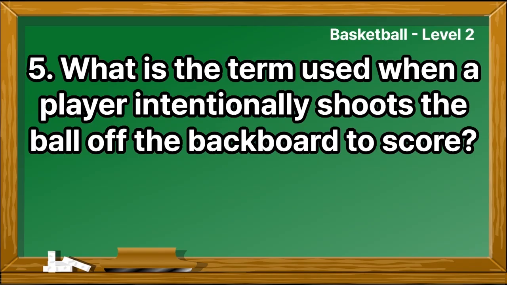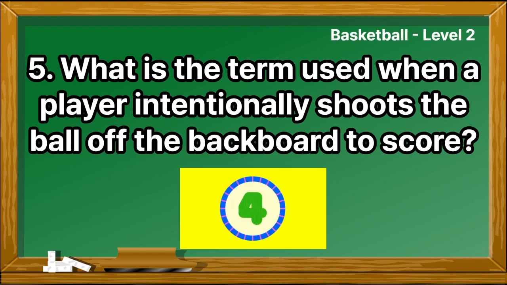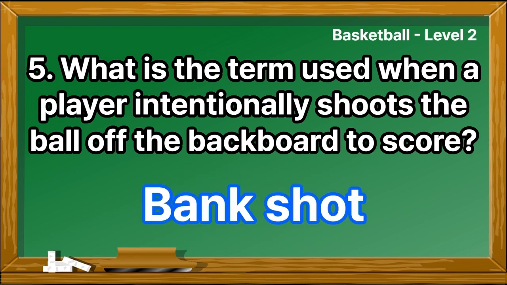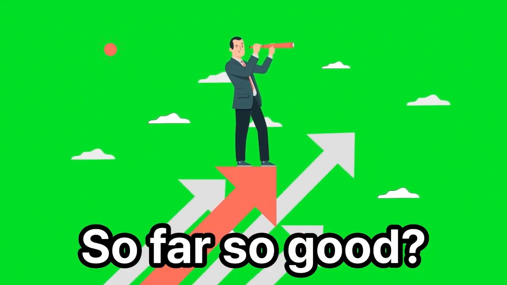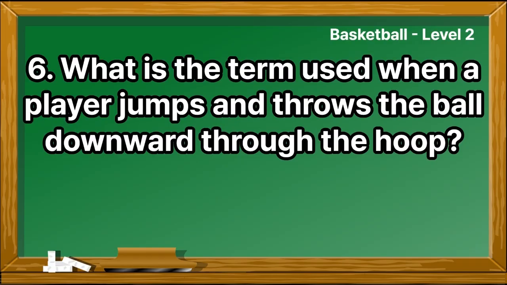What is the term used when a player intentionally shoots the ball off the backboard to score? Bank shot. So far so good? What is the term used when a player jumps and throws the ball downward through the hoop?